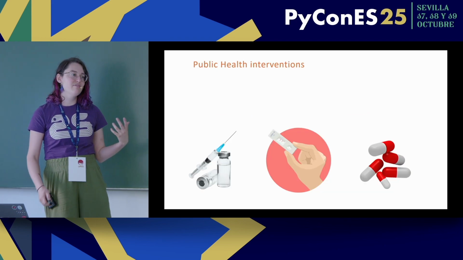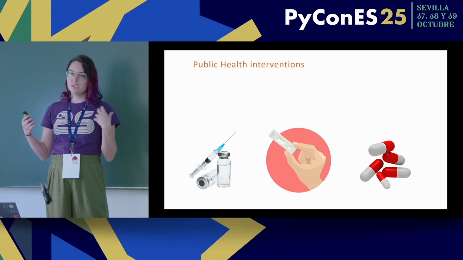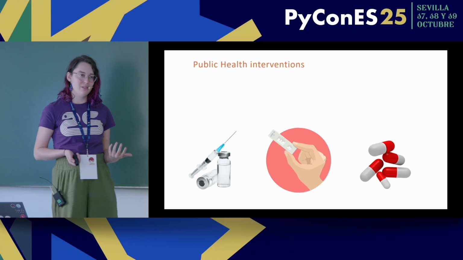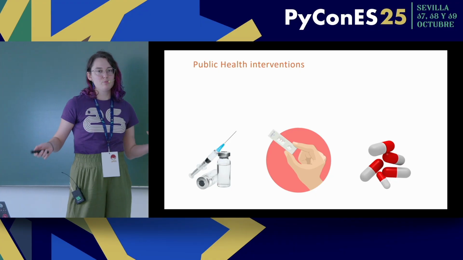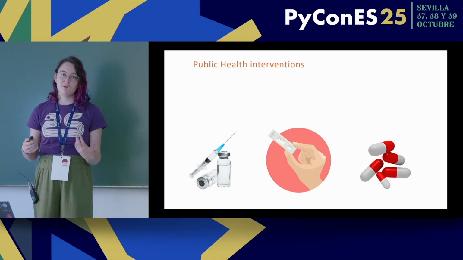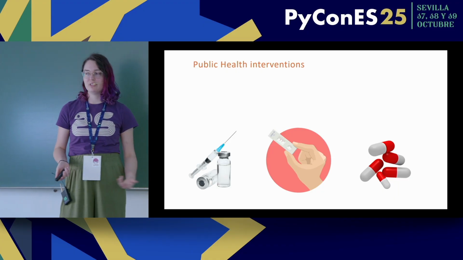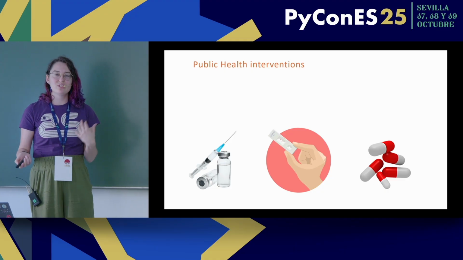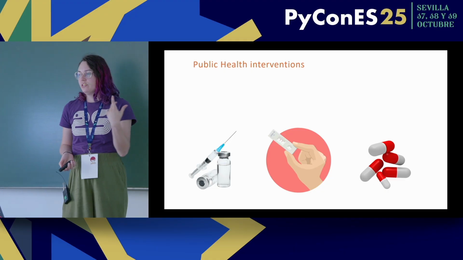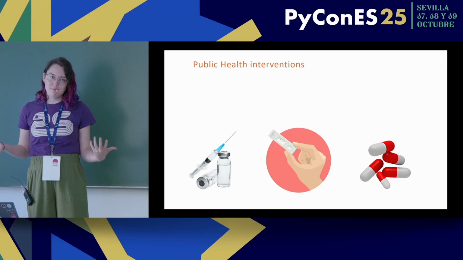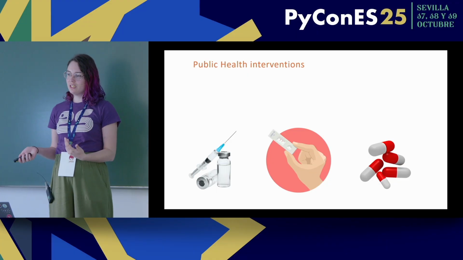Now, we do have a series of tools and strategies in place for stopping the spread of infectious diseases and stopping them from getting to epidemic and then pandemic levels like we saw with COVID. However, it's not really that straightforward. We have 3 main kinds of public health interventions.